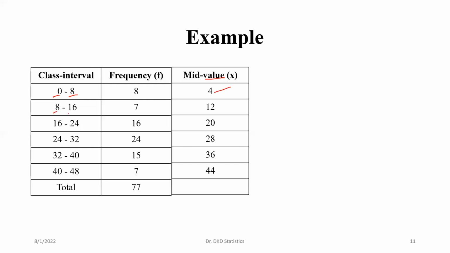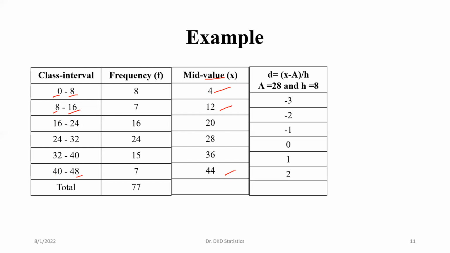Lower limit plus upper limit divided by 2 gives 12. In the same way, 40 plus 48 divided by 2 gives 44. This is the way we can find the mid value. Now we'll get the fd column, where d equals x minus A divided by h, with A equal to 28 and h equal to 8, and we'll just put the values here. How do we decide the A value here?